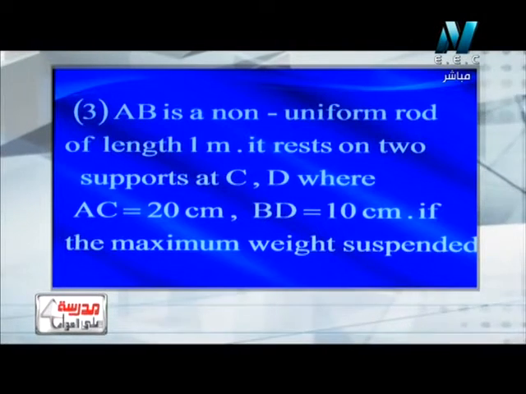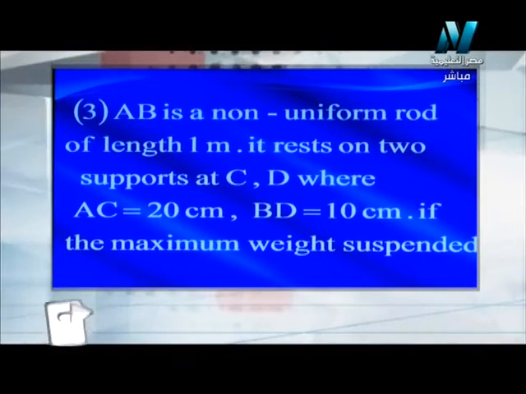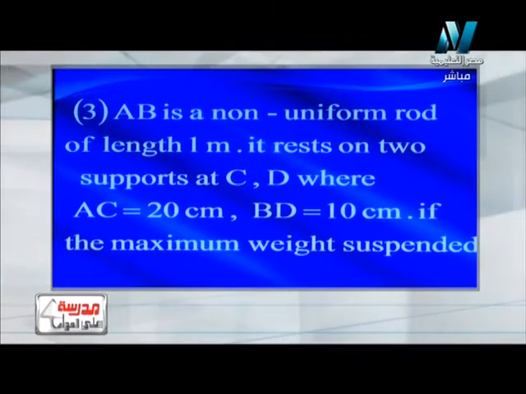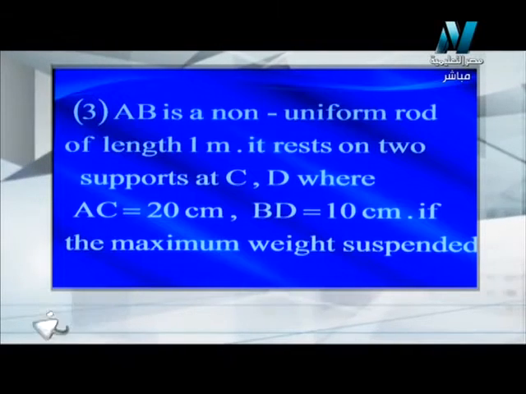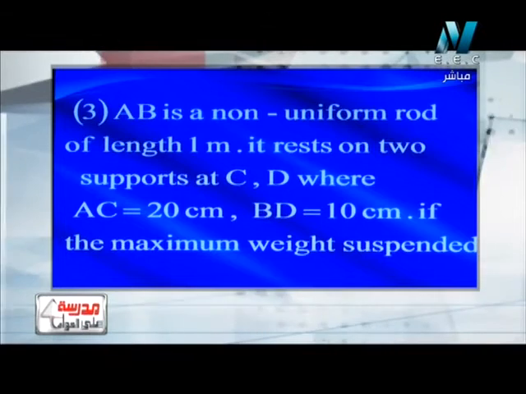This one says AB is a non-uniform rod of length 1 meter. It rests on two supports at C and D, where AC equals 20 centimeters and BD equals 10 centimeters.